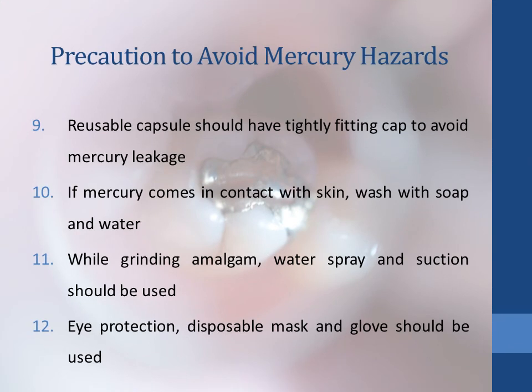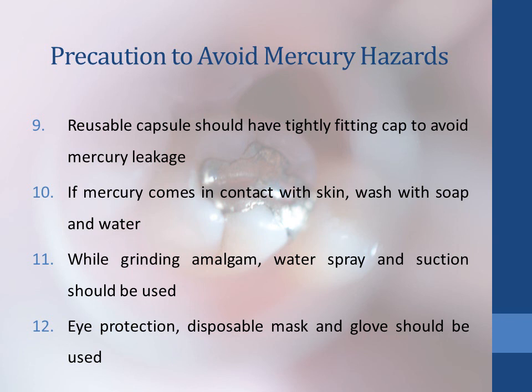And further on, when we are carrying out trituration, reusable capsules should have a tightly fitting cap so that we can avoid any kind of mercury leakage. If mercury does come in contact with skin, you should wash the area immediately with soap and water.